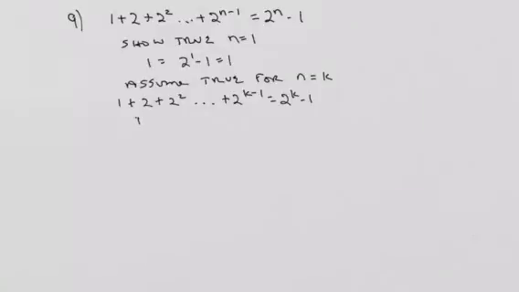Now we're going to prove that if it's true for some value of n where n equals k, then it's true for n equals k plus 1. I'm going to replace k in my first equation with k plus 1 in my second equation.